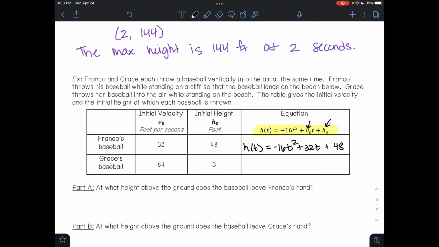Grace, they tell us that her initial velocity, v naught, is 64, and that her initial height is 3 feet. So again, all I did was replace v naught with their initial velocity, so their initial speed, and I replaced h naught with their initial height.